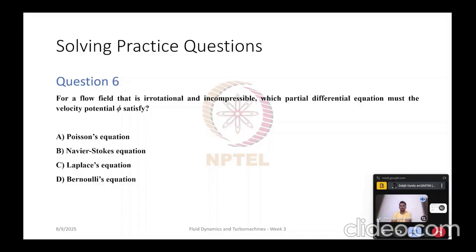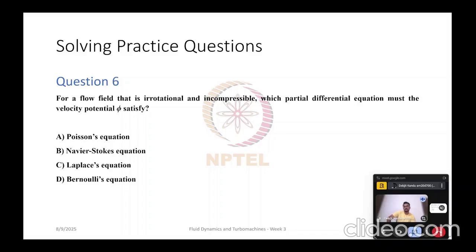We will move on to question number 6, which says that for a flow field that is irrotational as well as incompressible, which partial differential equation must the velocity potential phi satisfy?